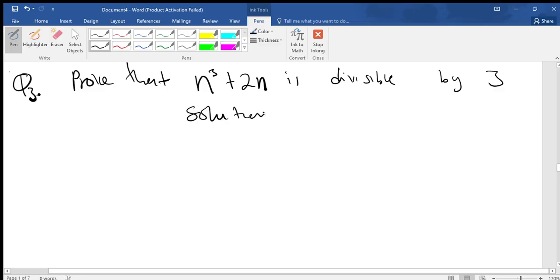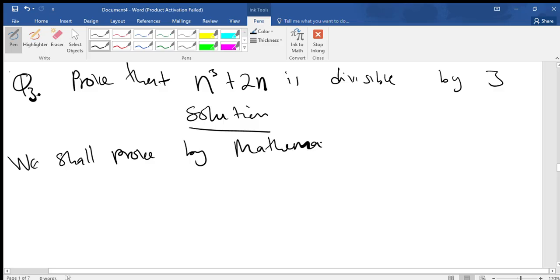Divisible by 3 means 3 times m. That's what you have to understand. So what we do, we shall prove by mathematical induction.